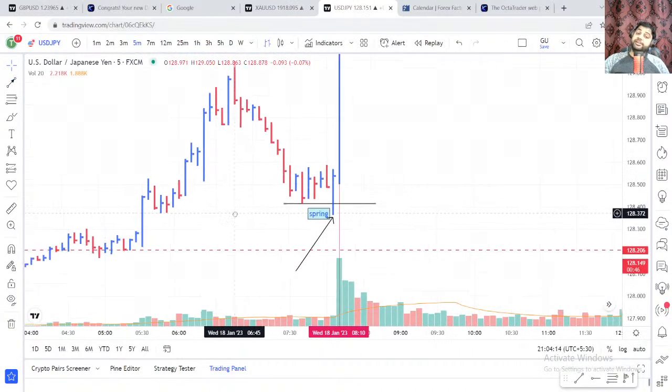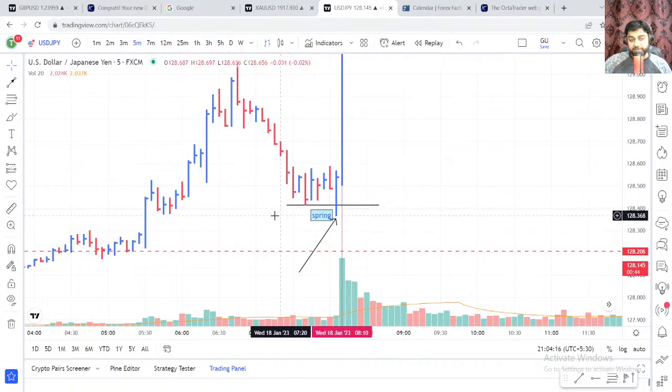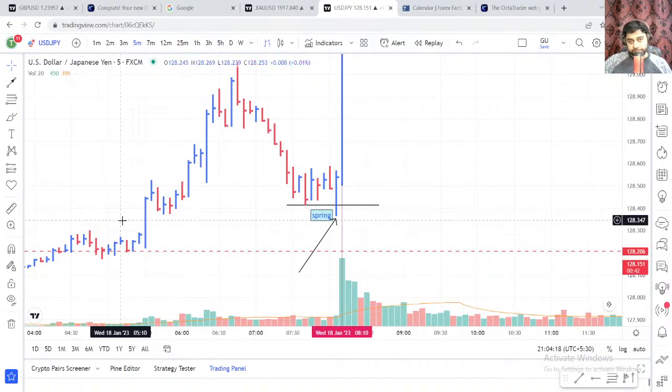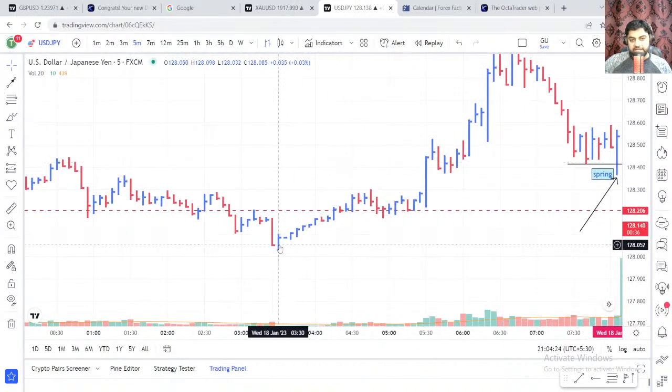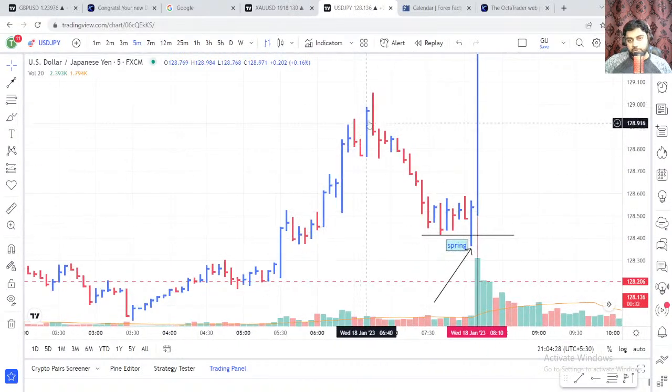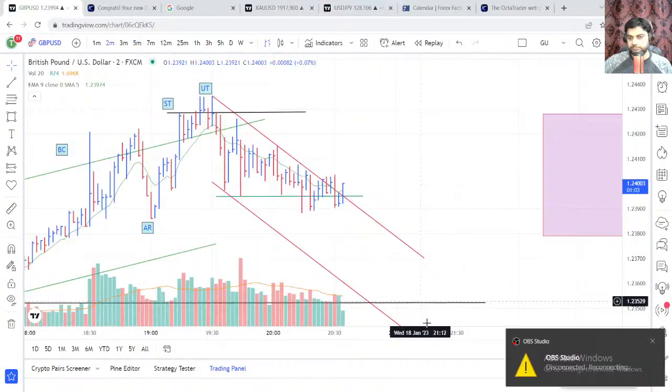And guys, I have already told you that for a spring, the background condition should be very strong, and you can see that the background is becoming very, very strong, isn't it? The up wave has started over here, and then it goes up, and then it goes up again. It goes down only for a short while.